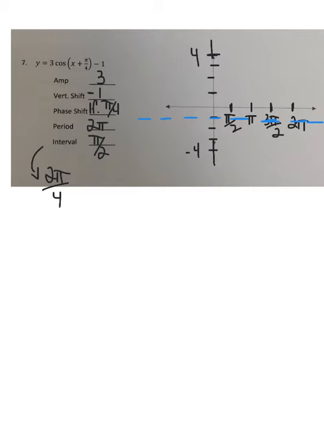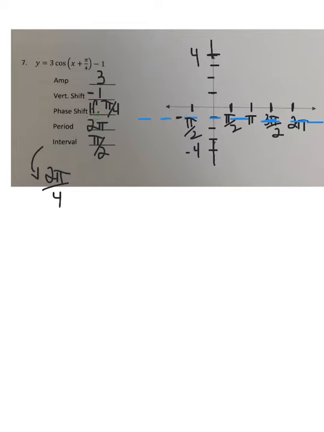So what I would suggest that you do is let's just mirror it. That's going to be negative pi over 2, right? Okay, but here's the problem. The problem is that I'm not taking this starting point here and shifting it to the left pi over 2. I'm shifting it to the left pi over 4, which is half of this.